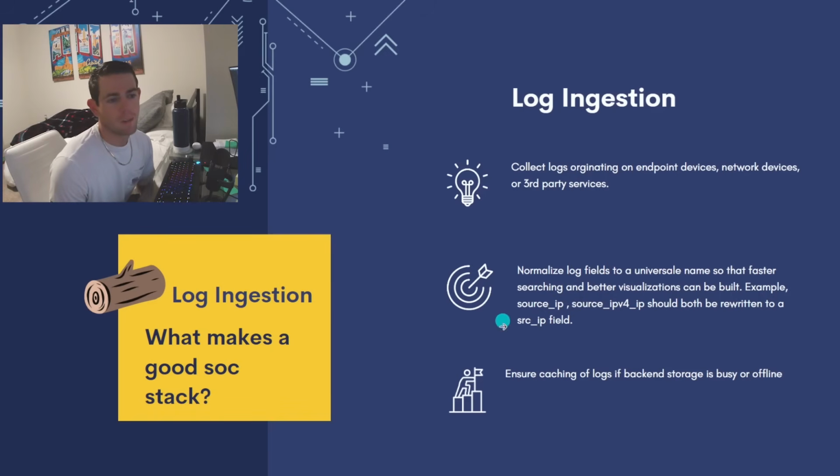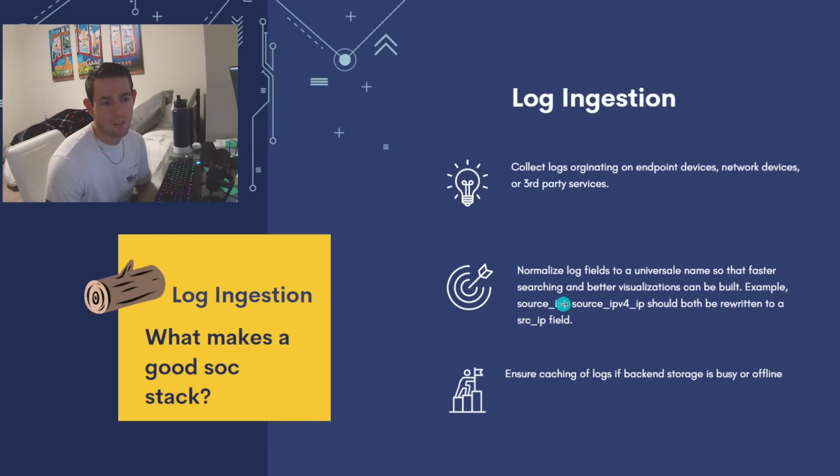We then need a way for us to normalize our fields. And this will hopefully become a little more obvious later on in the video. But for a quick example, let's say our Apache access logs that we're sending to our SIEM write their source IP field as source_IP. The metadata within this field details what external IP address is connected to our various web apps, where maybe our firewall is logging the source IP address in a source_IPv4_IP field.